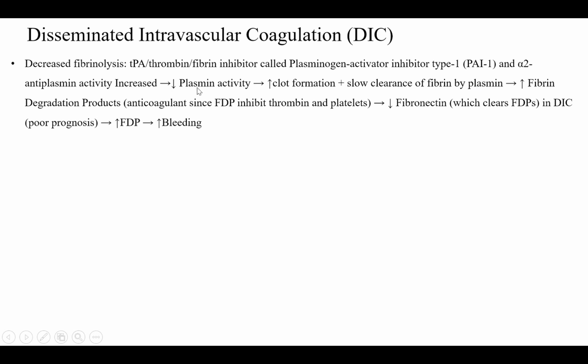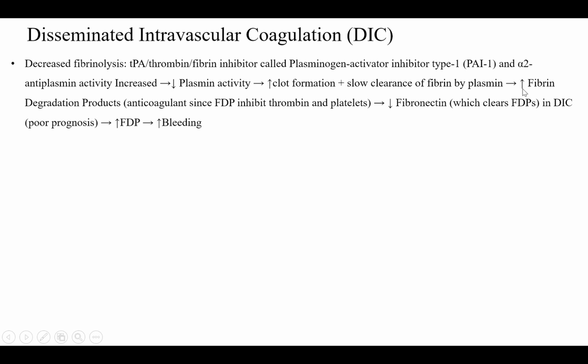Since you have decreased activity, your fibrin is going to be slowly degraded, so increased clot formation and decreased clearance of fibrin, and that causes the formation of fibrin degradation products, which are anticoagulant, since FDPs inhibit thrombin and platelets. So these are anticoagulant in nature.